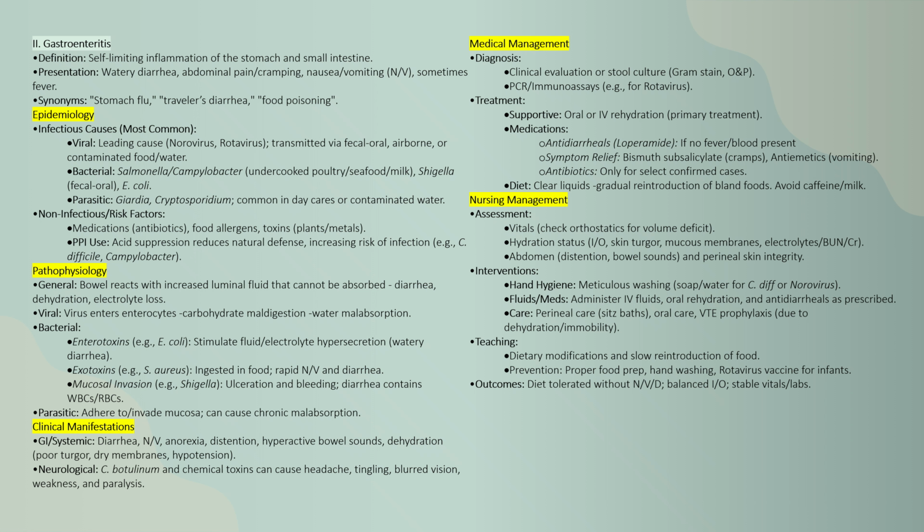Bacteria can be caused by Salmonella, Shigella, Botulinum, E. coli, etc. Salmonella and Campylobacter are from raw, uncooked poultry, seafood, or unpasteurized milk. Shigella is from person to person via the fecal-oral route. Parasites include Giardia, which is more common in pediatrics.